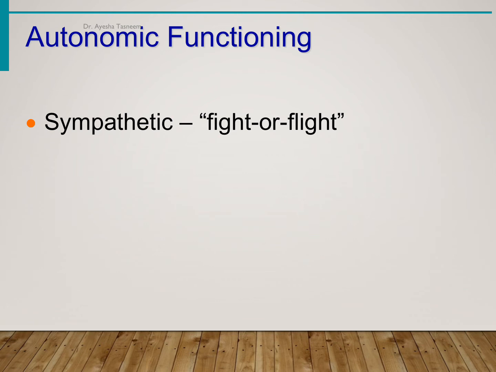Basically, this is a fight and flight mechanism, and that is the sympathetic functioning. It is the response to unusual stimuli, taking over to increase activities. It includes exercise, excitement, emergency, and embarrassment.